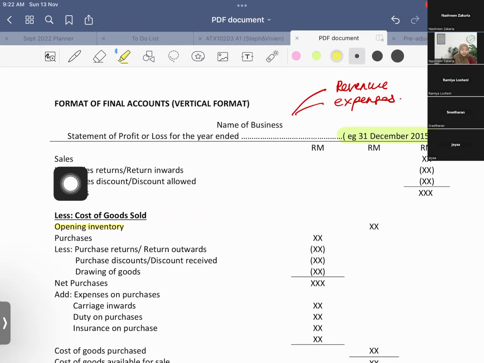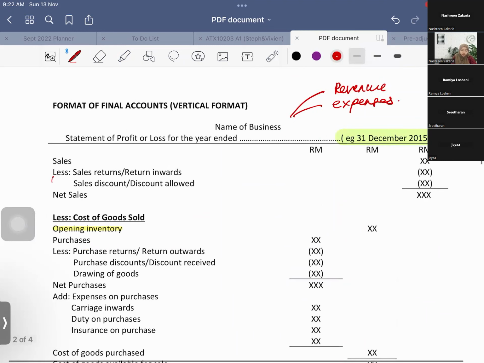Start with the sales, less the sales return or return inward. This one we have learned already what it means. Less means minus. Many people ask, what does less mean, miss? Less means minus. So the sales value you need to minus with the sales return value and also the sales discount or discount allowed.